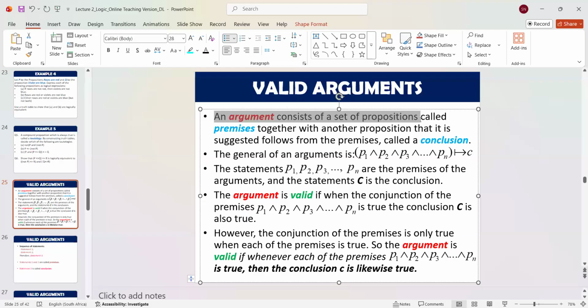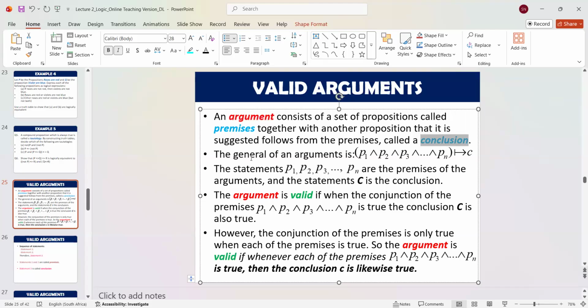Now, these propositions, the beginning of those arguments, are called premises. And then the ending of those statements are called conclusions. So when you are given an argument, the beginning part is known as premises, and the ending part is called the conclusion.